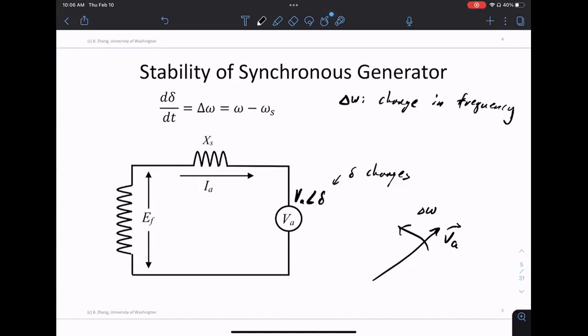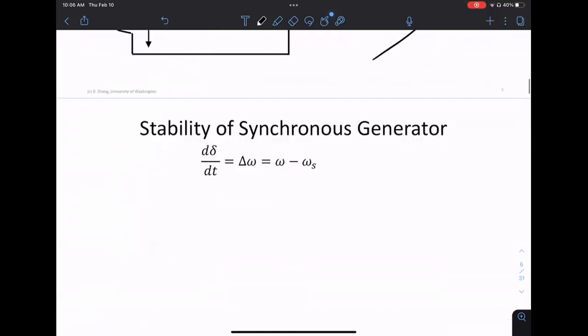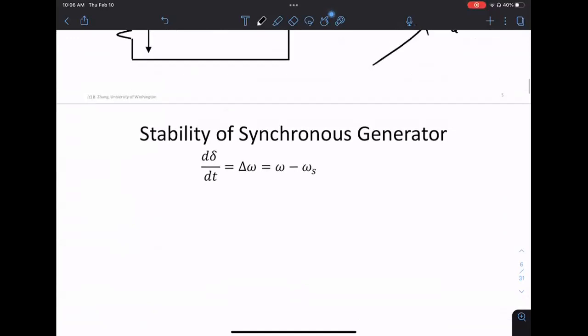Okay, so this is your imbalancing angle. Right? This is your imbalancing angle. So this has some consequences if this changes. Right, so let's say this is positive. Let's see what happens when this is positive.